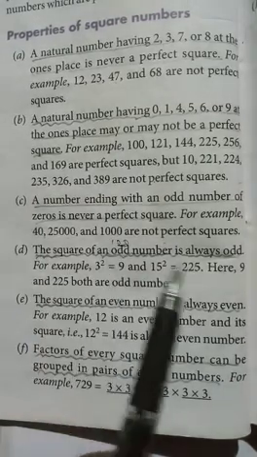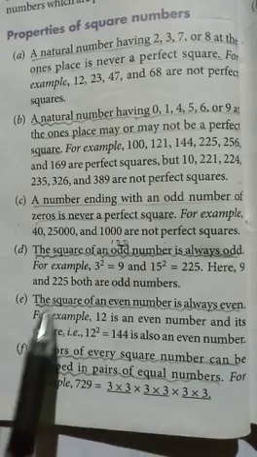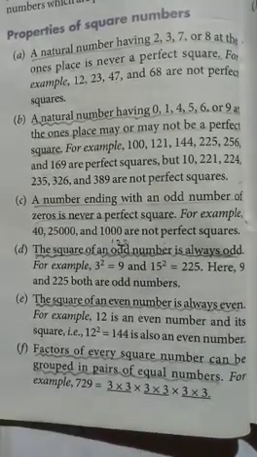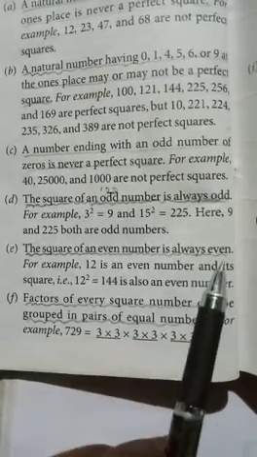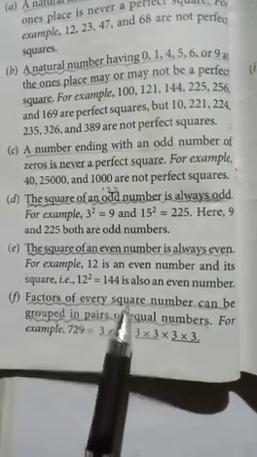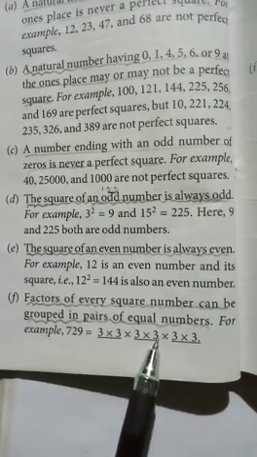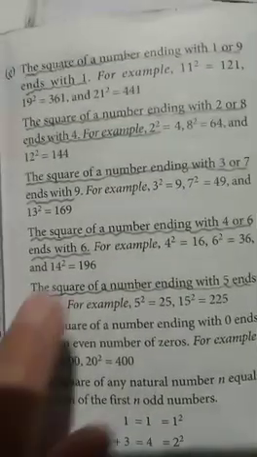Then the square of an odd number will always give odd. The square of an even number will always be even. Then here you see, if we split a number which is a perfect square, we will get same factors. If we group them in twos, we will get same factors.